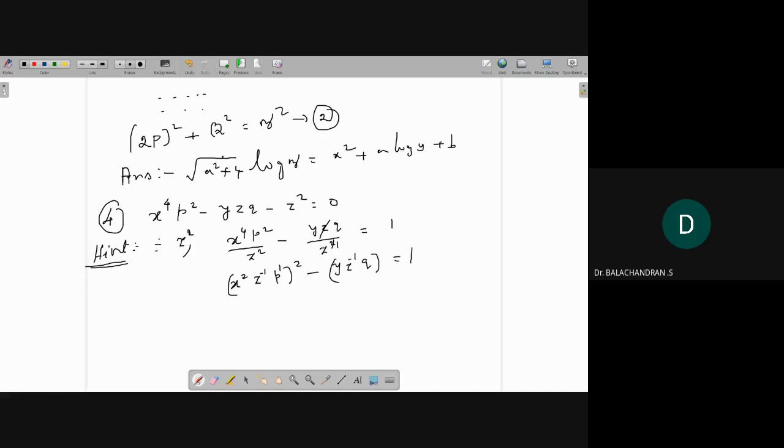Now p is power 1, q is power 1. You can write the m value is the power of x, 2, the n value is the power of y, 1, and the k value is minus 1.